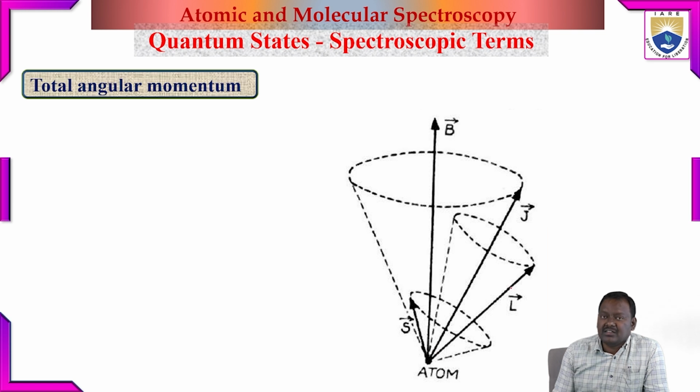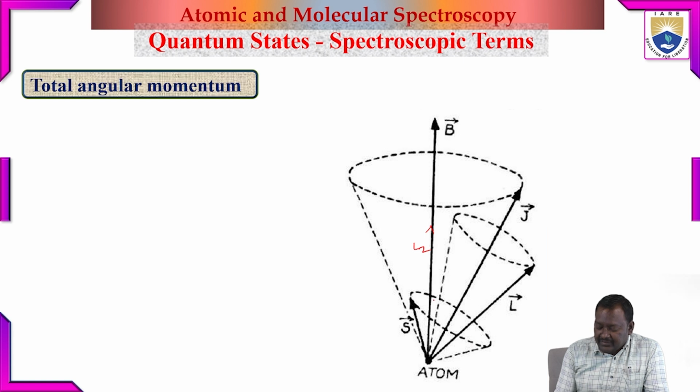As we saw in the starting slides, this makes some angle theta. The angle between L and LZ, the component of the orbital angular momentum vector with reference to the magnetic field. So this is the LZ vector, the scalar component of L, that makes theta angle with L.